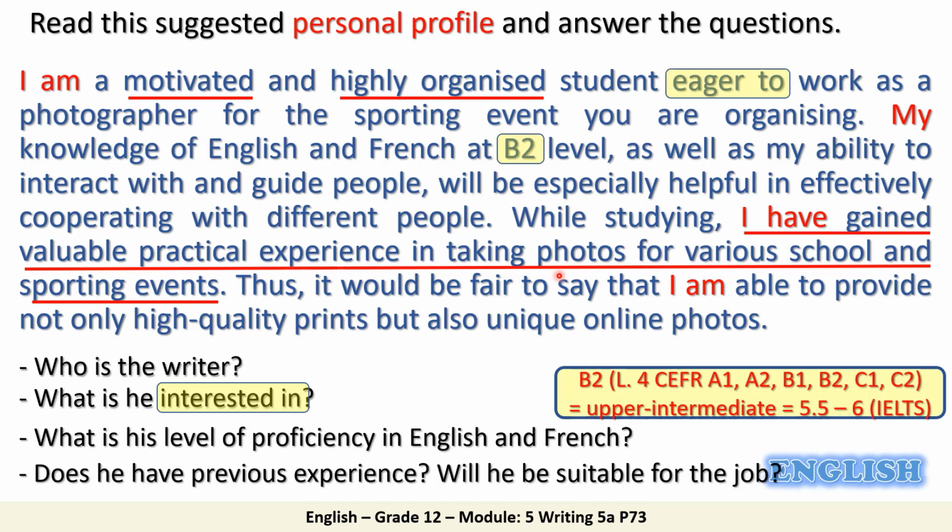In taking photos. This is directly relevant to the job he is applying for. So he took photos for various school and sporting events. Thus, consequently, it would be fair to say that I am able to provide not only high quality prints, but also unique online photos. Right?